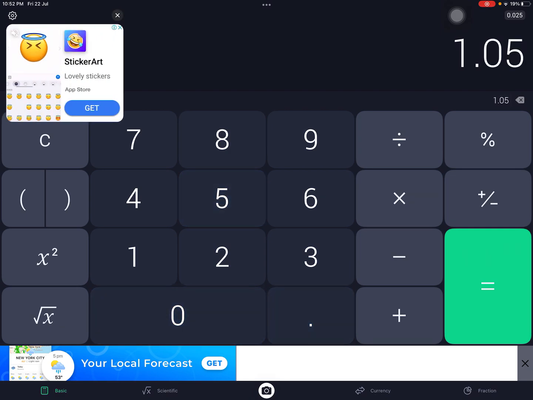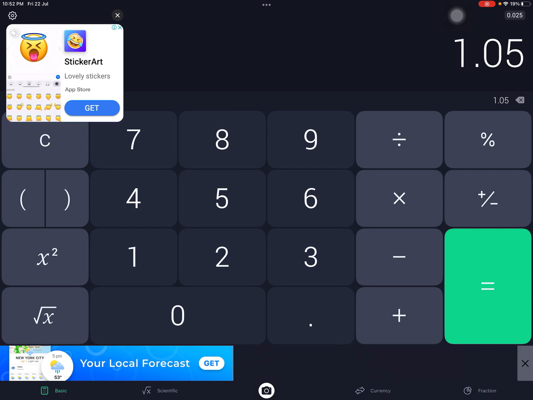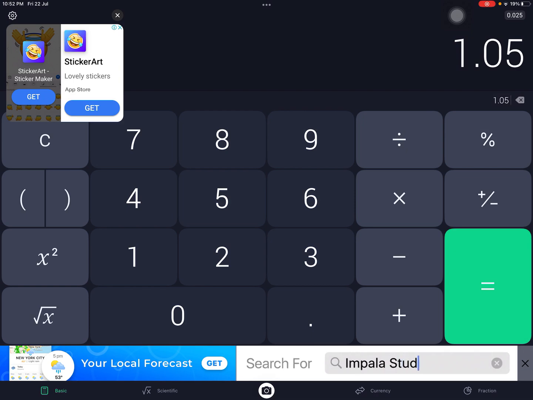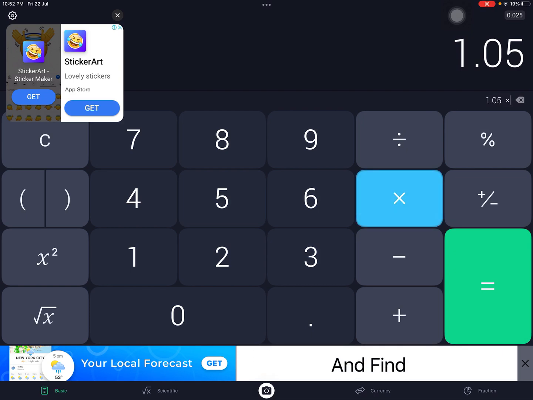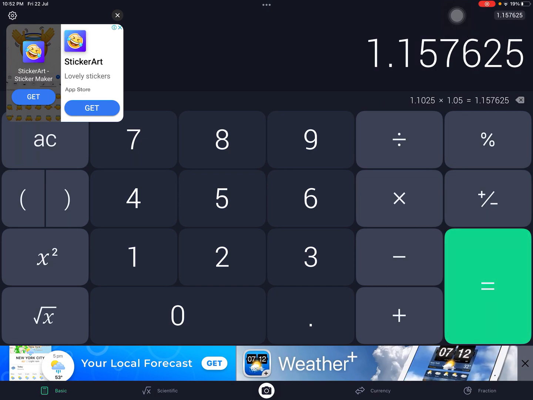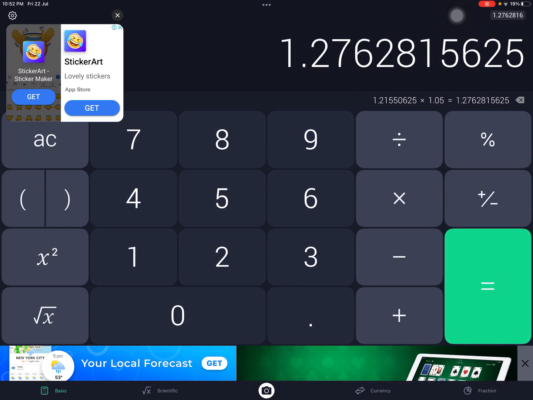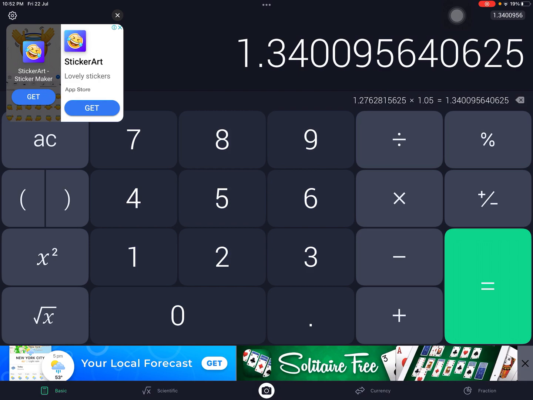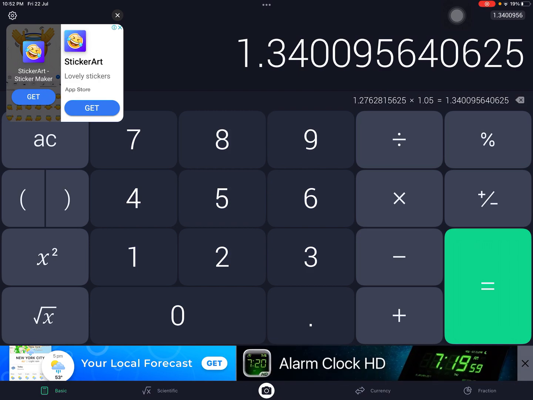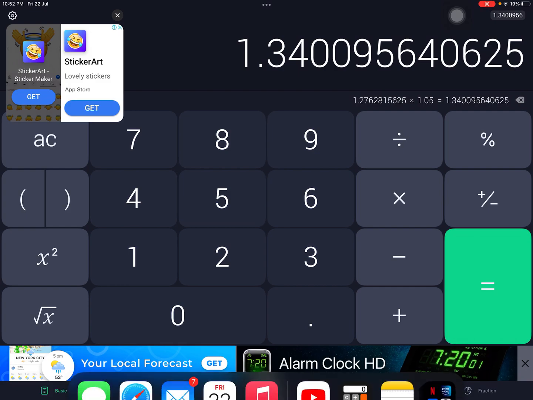You type 1.05 in your calculator, then click multiply, then click multiply again, and then equals, 5 times. So multiply equals 1, equals 2, equals 3, equals 4, equals 5. So this is 1.3401.